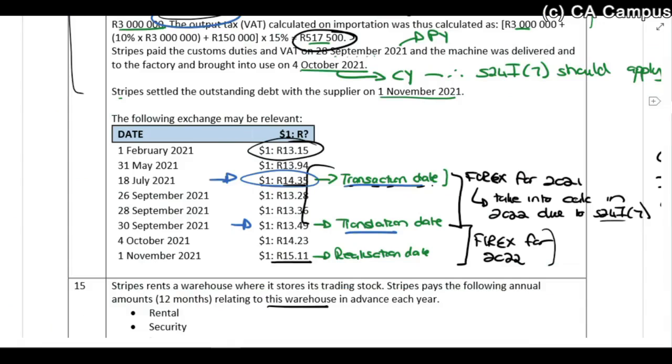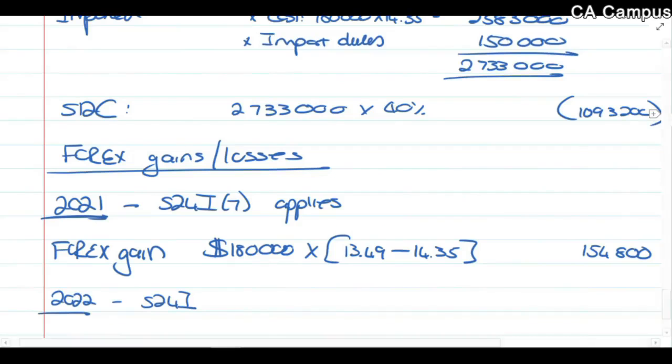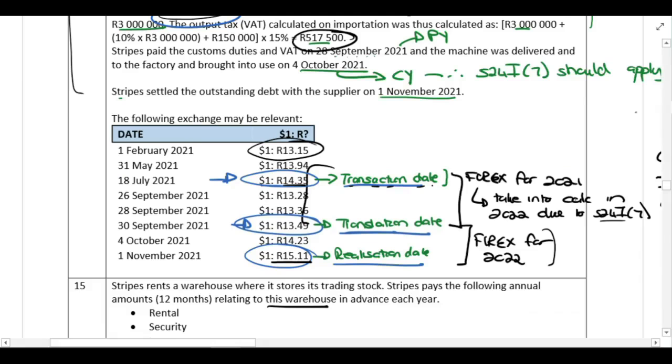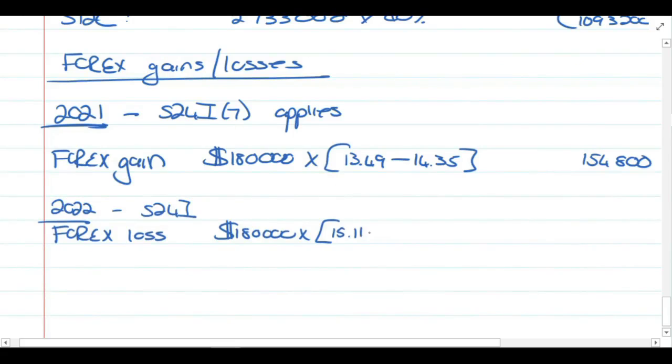We now go from translation date to realization date. On translation date, we thought we were going to pay 13.49, but we now end up paying 15.11. Does it make you feel good or bad? Pretty bad. So forex loss. 15.11 minus 13.49 gives a 291,600 loss.